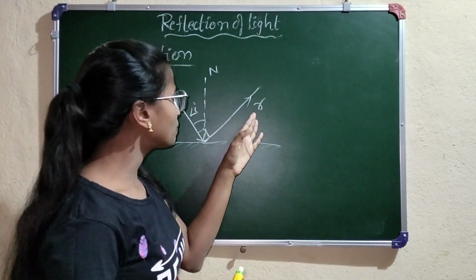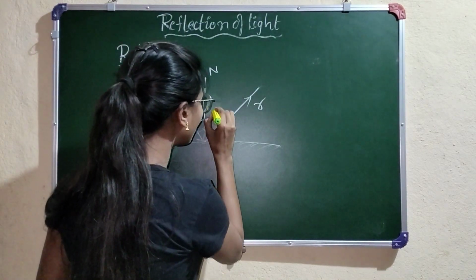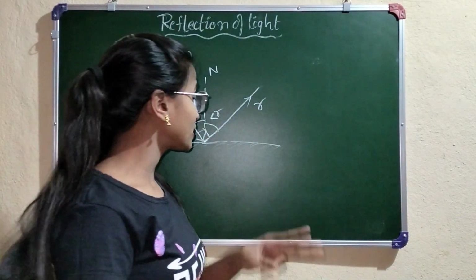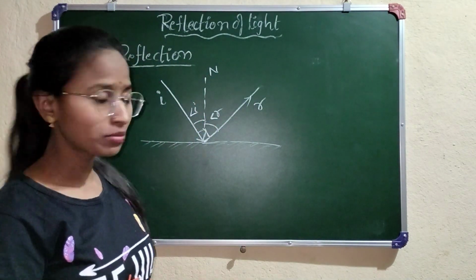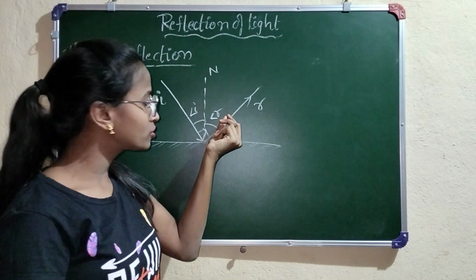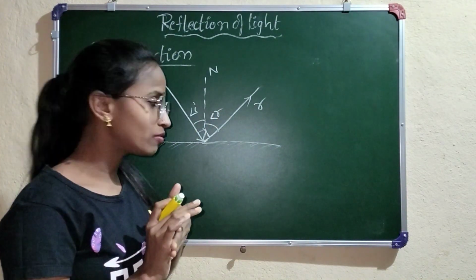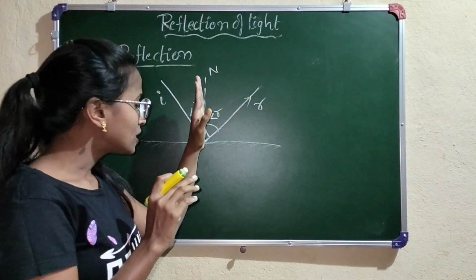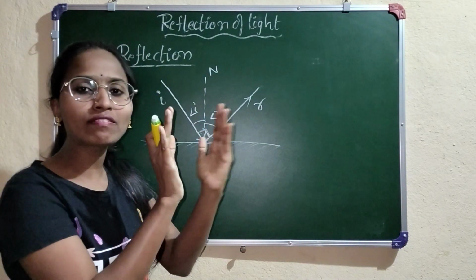The reflected ray making some angle with the normal is called the angle of reflection, and based on the second law of reflection, angle of I equals angle of R, because the incident angle and the reflected angle should both be equal. Why? Because the normal line is separating this angle into two equal parts.